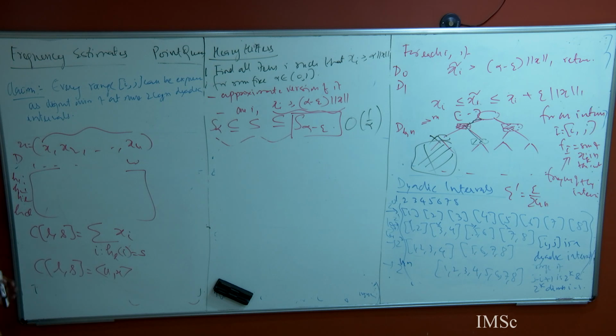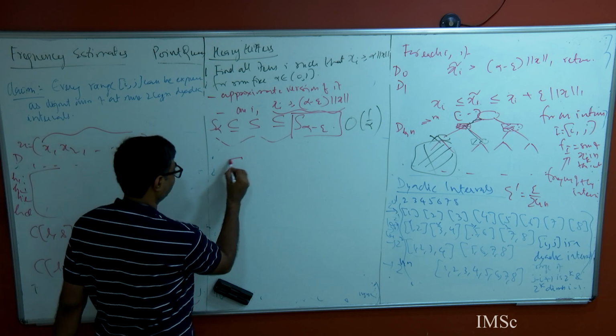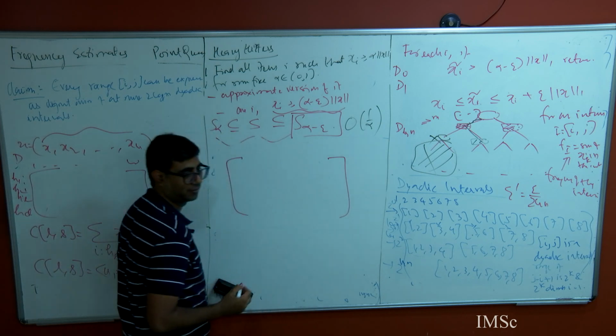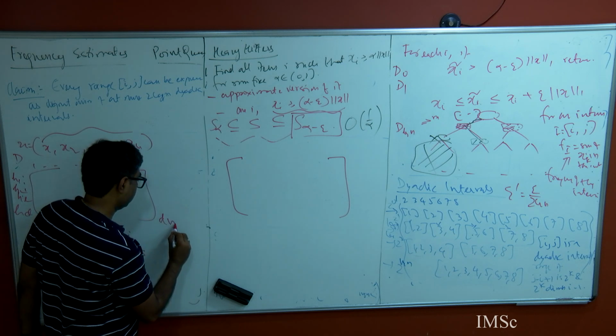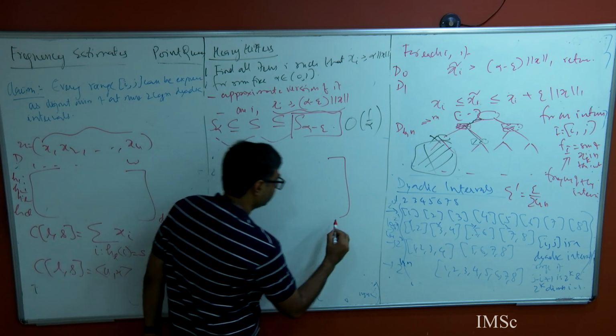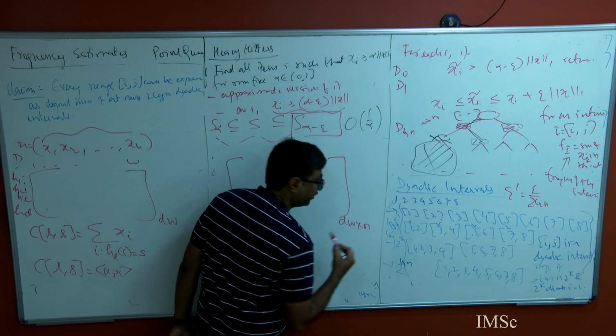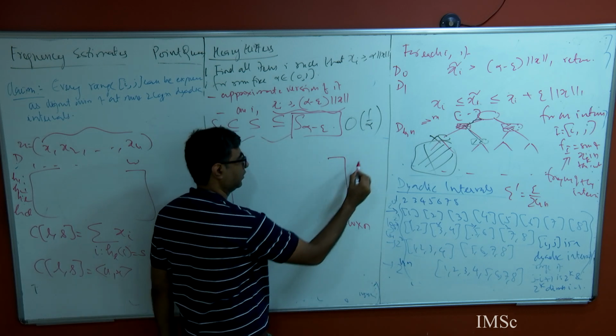So look at what I am doing now: for each counter I am writing a vector. So what will the size of this matrix be? dW, right? So this matrix size will be dW times n.